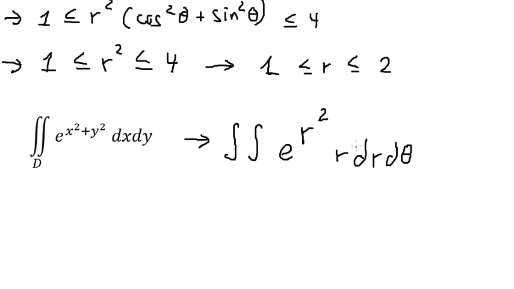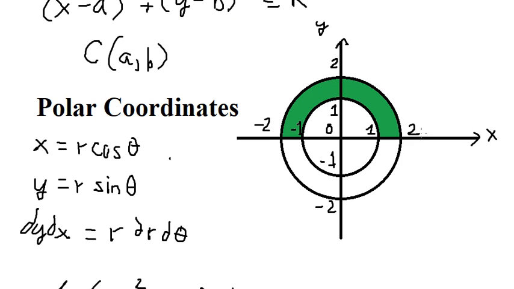The bounds of dr, we have this one. For d theta, we start from here and we stop in here. So that should be from 0 to b.